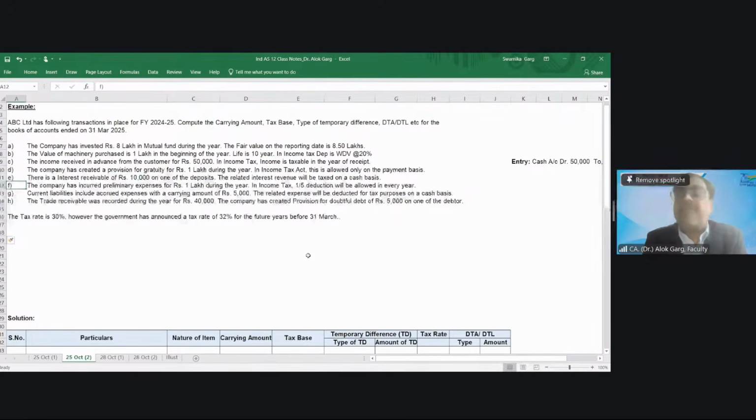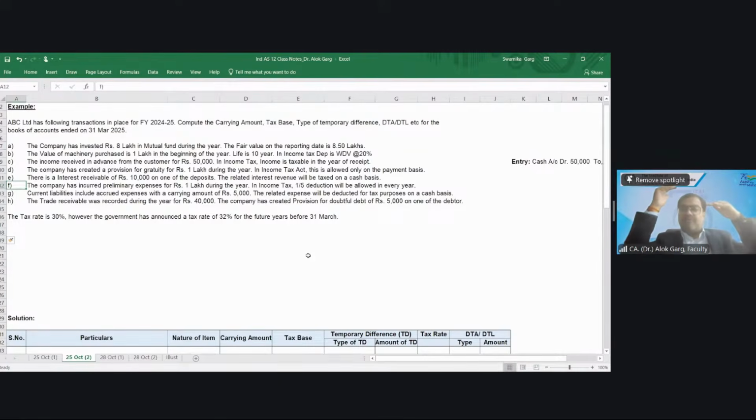Preliminary expenses in the current year will be debited by 20,000 and the second leg will be prepaid preliminary expenses 80,000. So what is the value of the asset in your tax base? 80,000. What is the value of the asset in your book base? Carrying amount 0. So asset 0, tax base 80,000.